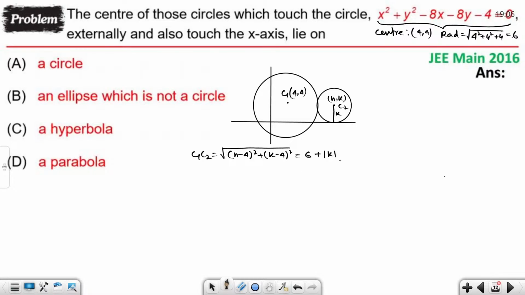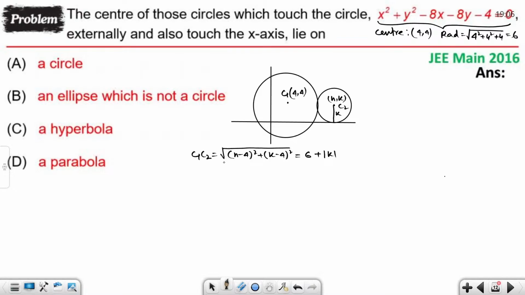Why have I taken modulus of k? Because the circle can be in the second, third or fourth quadrant. So k can give us a positive value or a negative value, but since it's a radius, we will always take the radius as positive. That is the reason why I have taken the modulus sign.